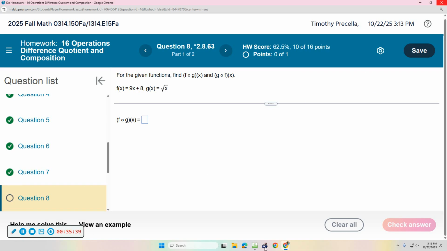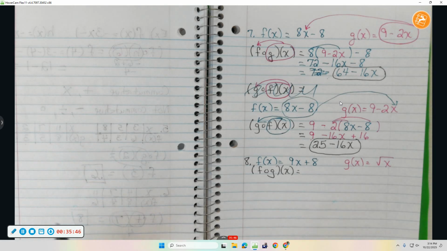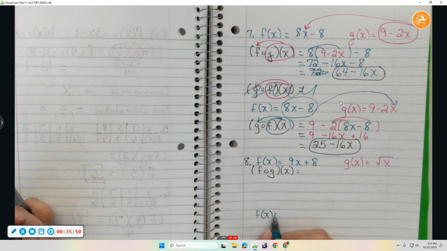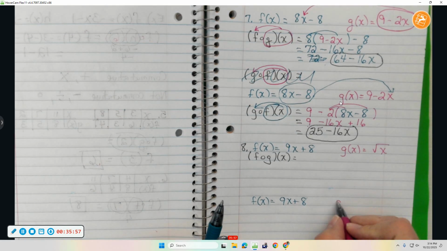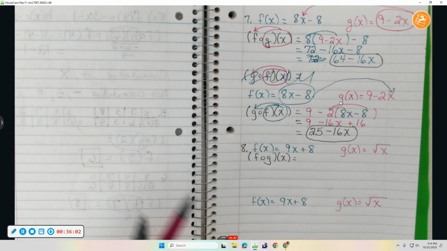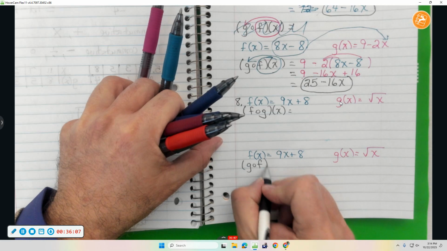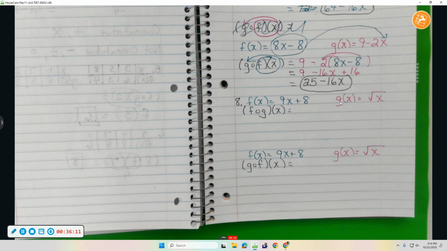We're going to find f composed with g of x first. I'm going ahead and writing it down twice so I don't forget and mess up the way I did a while ago. It wants us to find both of these, f composed with g of x and g composed with f of x.